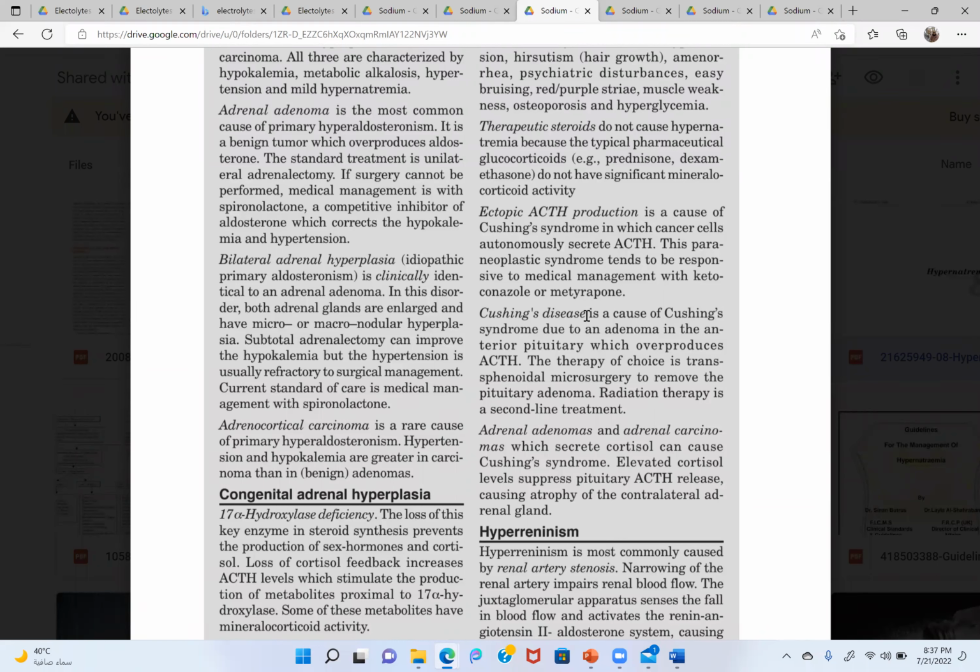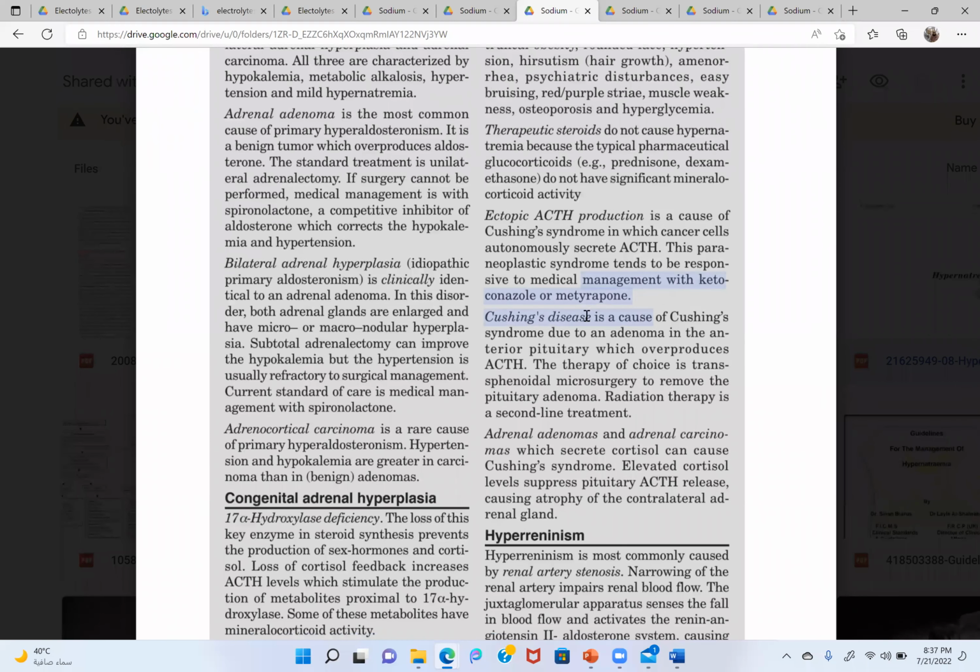Clear? Because there will be a relation with ACTH. ACTH is secreted from the anterior pituitary, so there is a central problem, and it is related to the control mechanism.